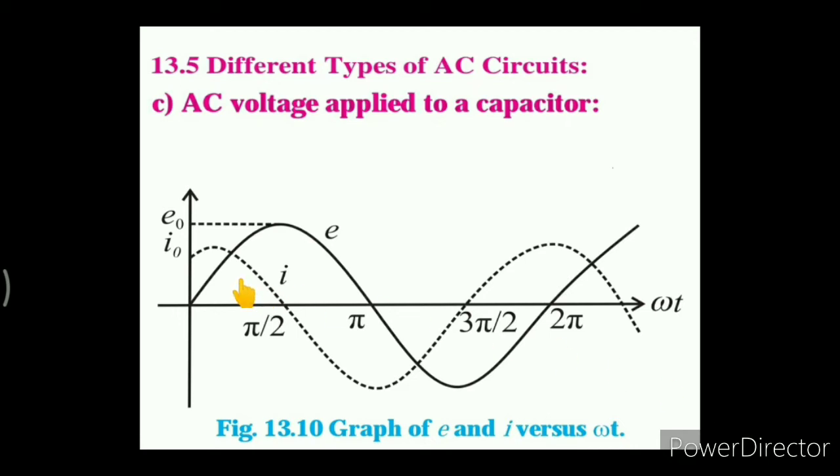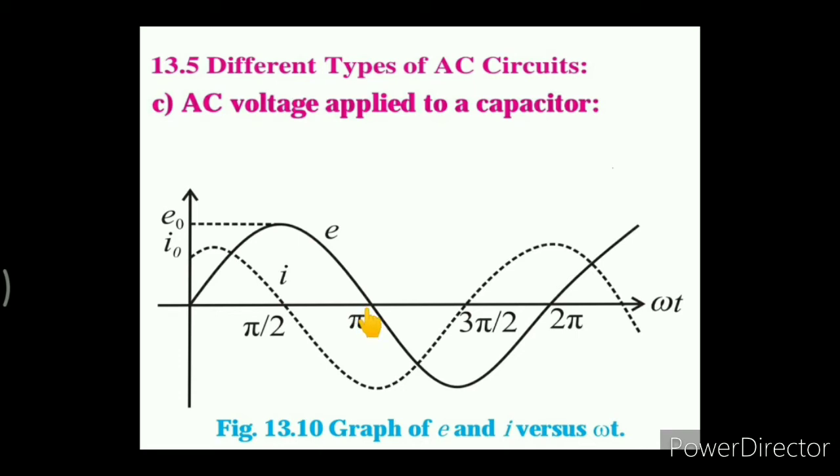Here it is very clear in the graph that when we obtain the maximum value of the EMF E0 at pi by 2, the instantaneous value of the current is 0. And when the peak value of the current in the negative half cycle is obtained at pi, the value of the EMF is 0 over here.